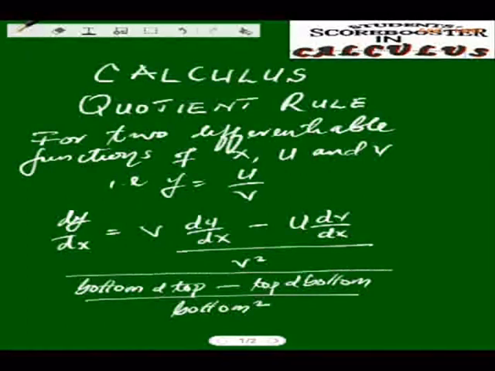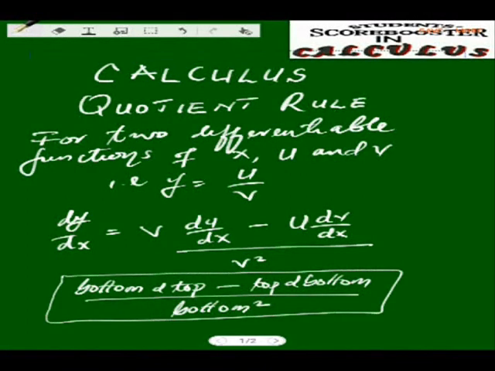You see, this is just a small hint that can make you remember this formula, because you should not make the mistake of bringing u first before v. It must be v du dx minus u dv dx.